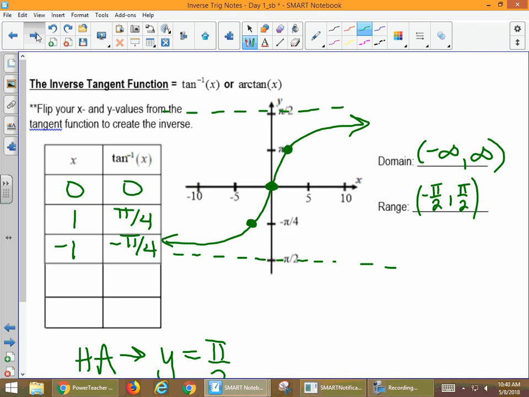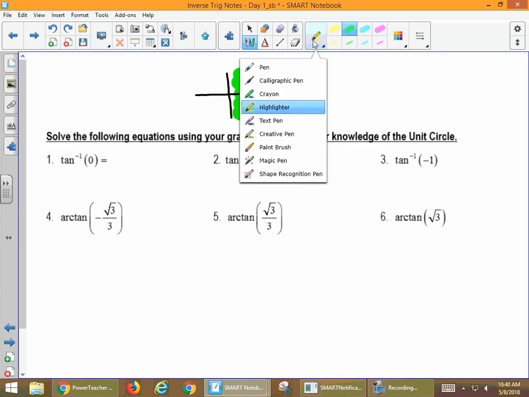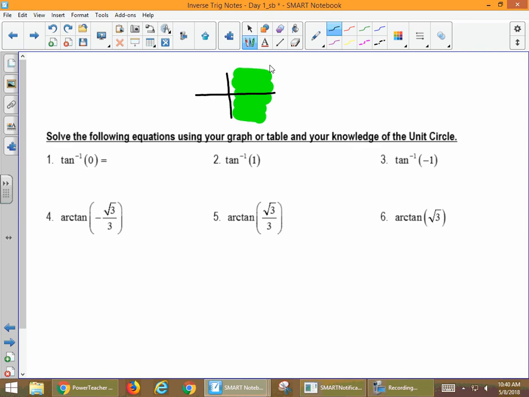Okay. Tangent values, if it helps you, you can highlight or draw yourself a little picture. Sometimes it's even helpful, as you're practicing tomorrow, to just write out your options.